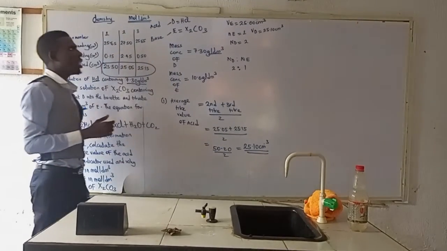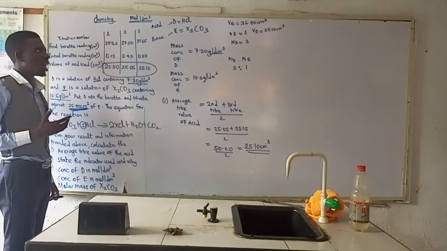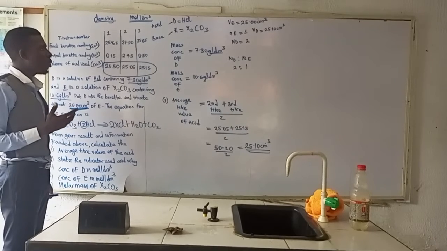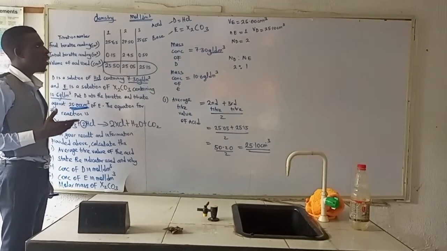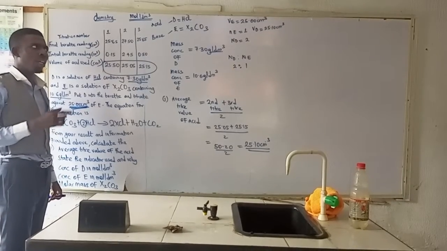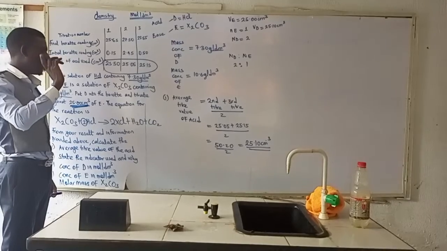Remember that if the titration experiment involves a strong acid and a weak base, the indicator that will be suitable is methyl orange. And why? Because it is between a strong acid and a weak base.